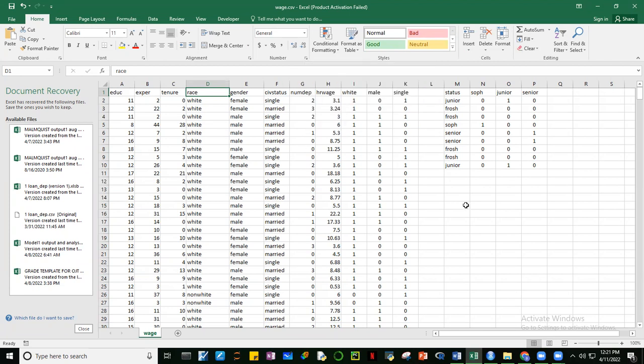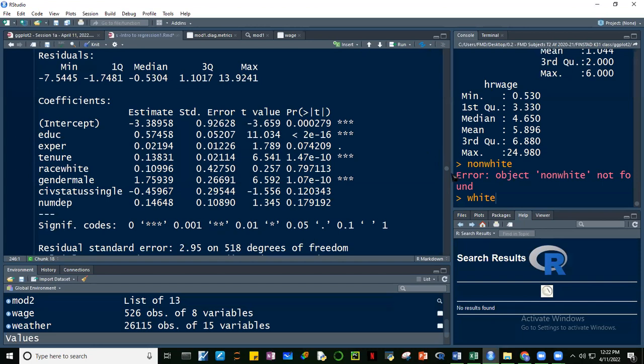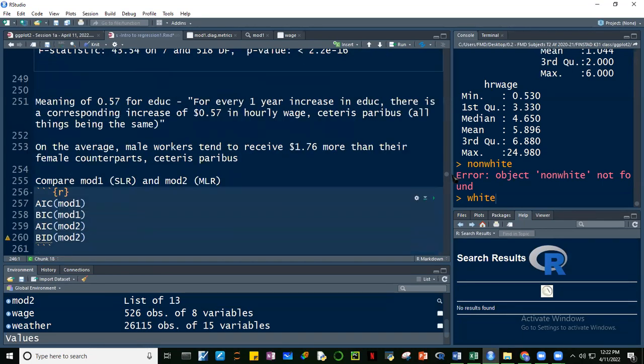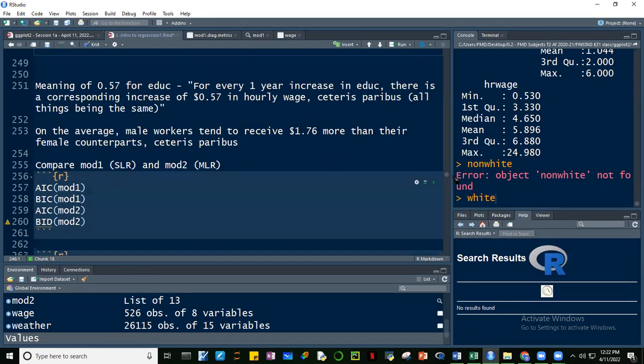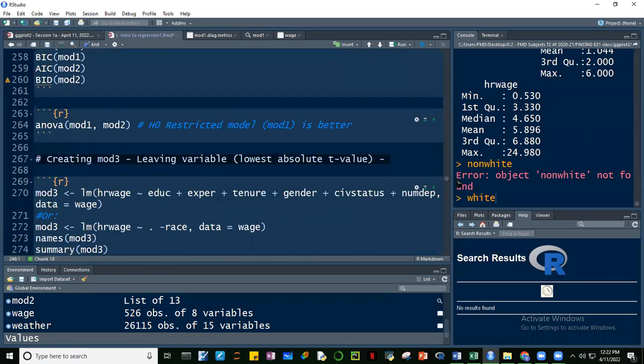My question, guys, is this: is it right that white was made 1 and non-white was made 0? Is that what R did? Or is it the other way around? What's your opinion, guys?